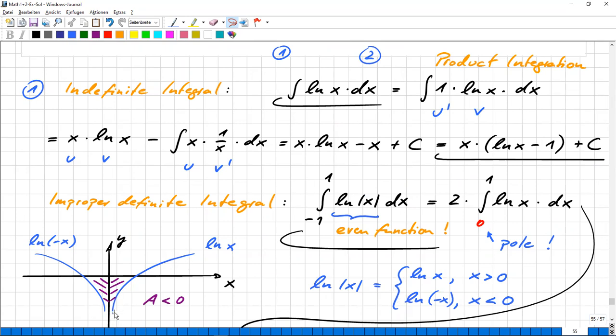This is our well-known logarithmic curve for the natural logarithm. This one is its counterpart in the negative domain. What you do is an axis reflection on the y-axis. So you get an even function, which is the completed version of the natural logarithm.